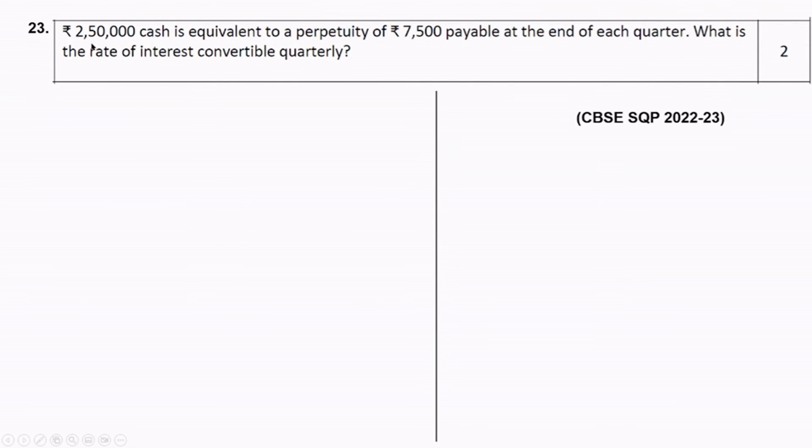Next question, rupees 2,50,000 cash is equivalent to a perpetuity of rupees 7,500 payable at the end of each quarter. What is the rate of interest convertible quarterly? So here we can see that this is the present value, that is 2,50,000. This is the present value of a perpetuity of rupees 7,500. This is R. This is payable at the end of each quarter.